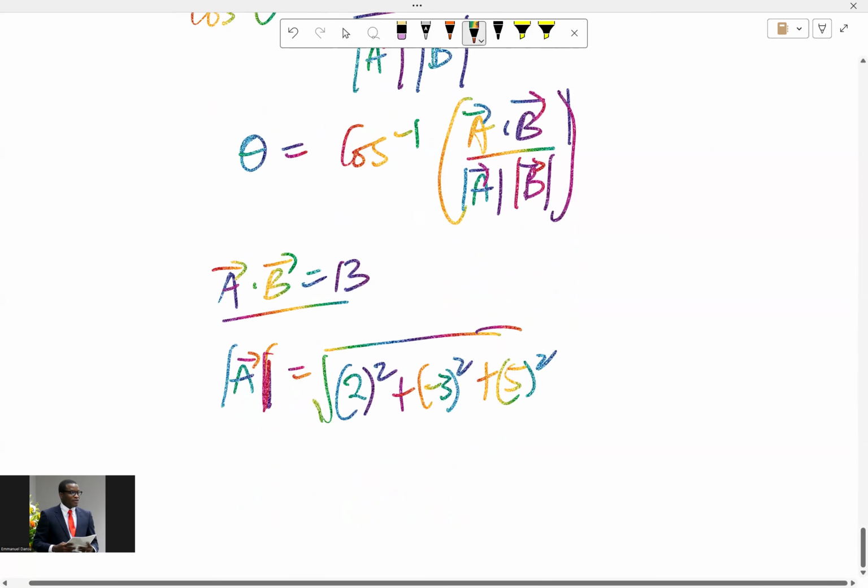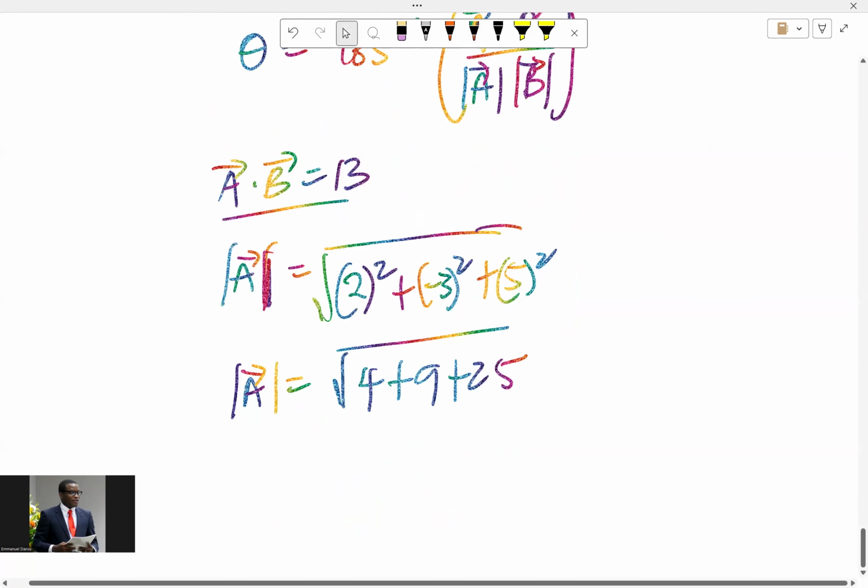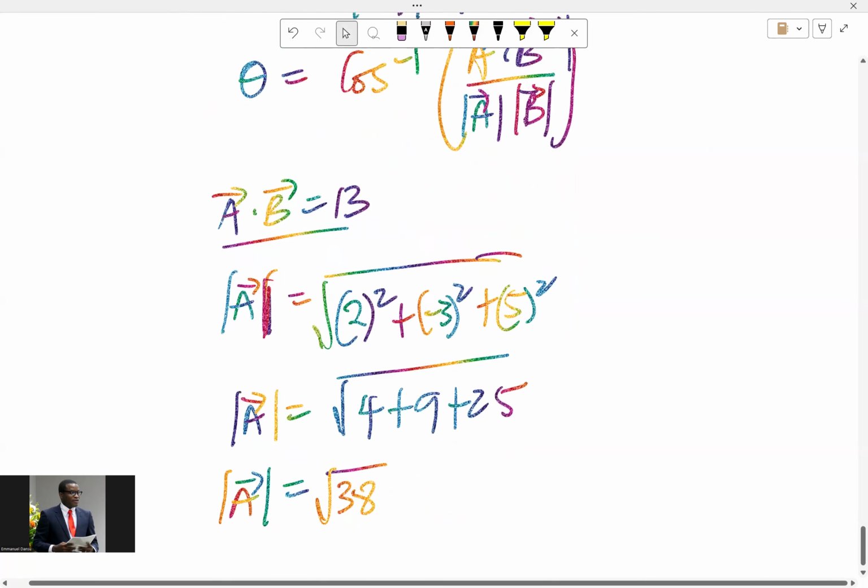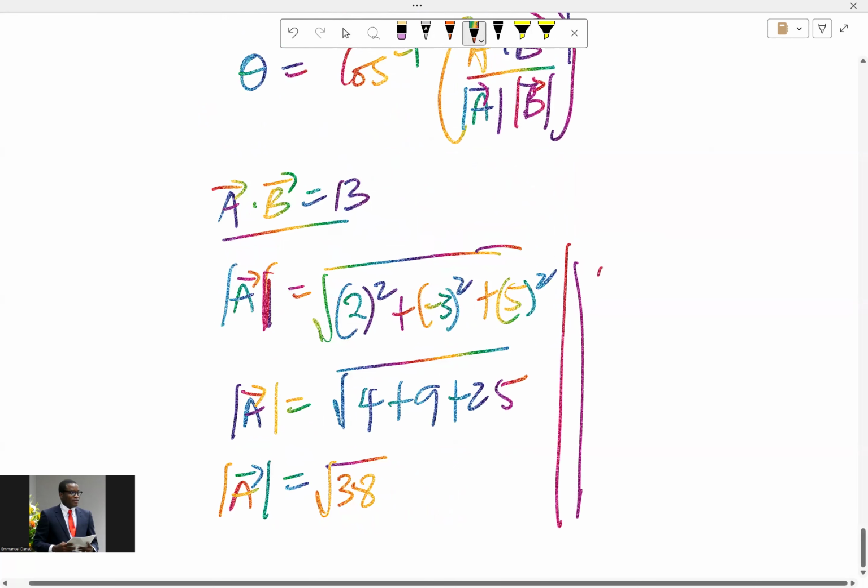So the magnitude equals the square root of 4 plus 9 plus 25. 4 plus 9 is 13, 13 plus 25 is 38. So that's the square root of 38, like that. Then, of course, we can find the magnitude of B, which is the square root of 4 squared plus 0 squared plus 1 squared.